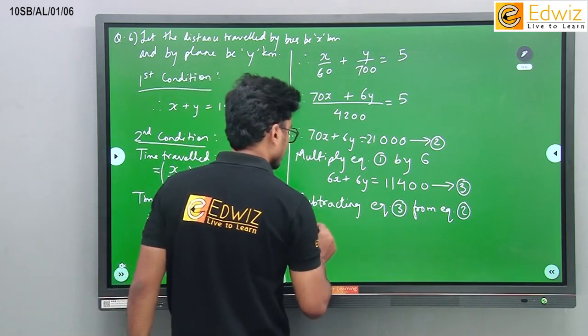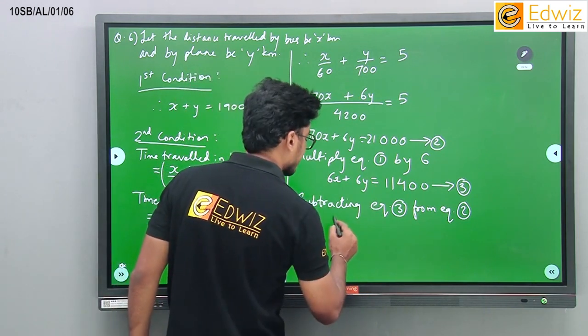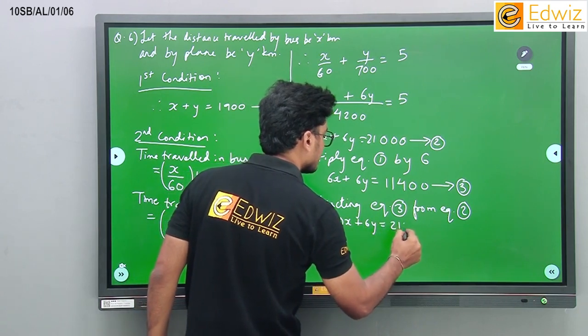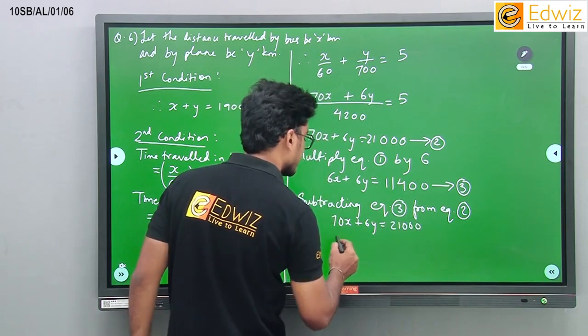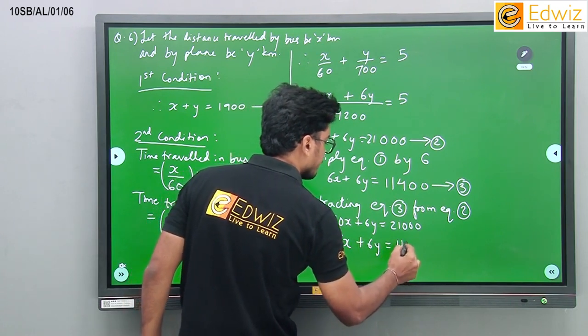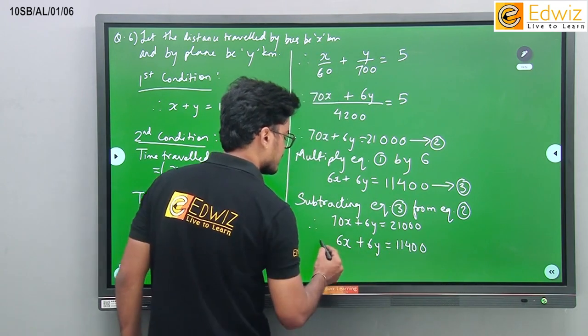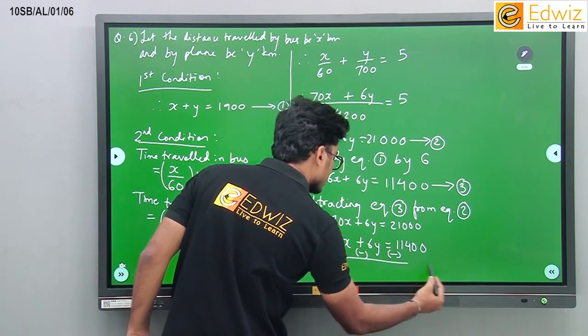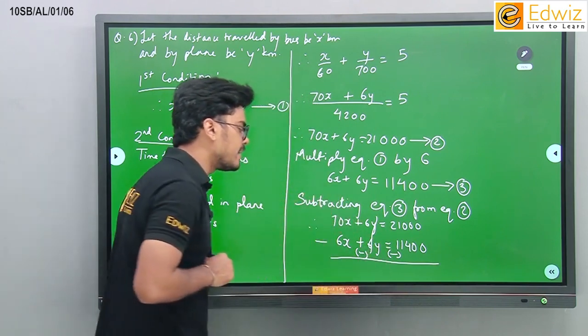Okay, so equation 2 is 70x plus 6y equal to 21,000. Equation 3 is 6x plus 6y is 11,400. Subtract this, sign will change here and here. Okay, so 6y will get eliminated.